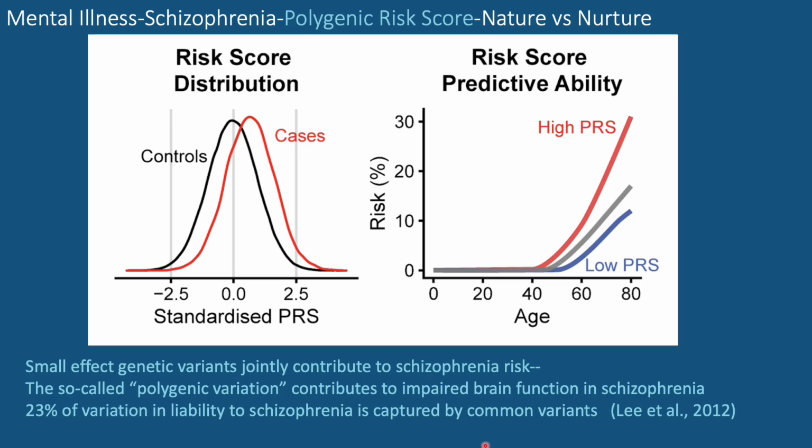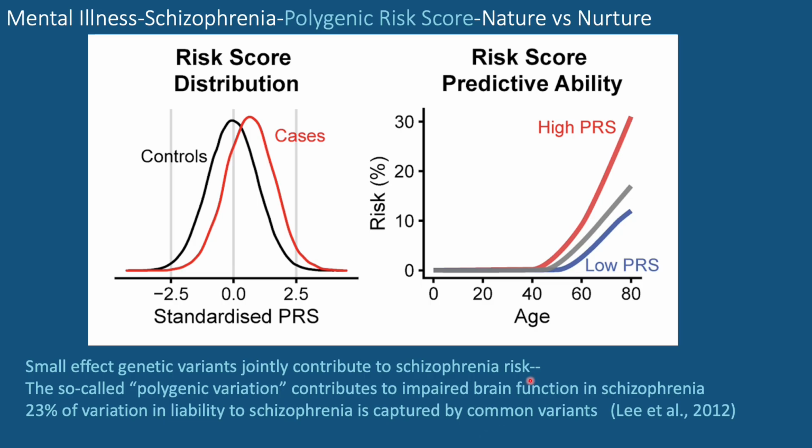When we look specifically at schizophrenia, the polygenic variation contributes to impaired brain function in schizophrenia for 23% of risk of developing schizophrenia.